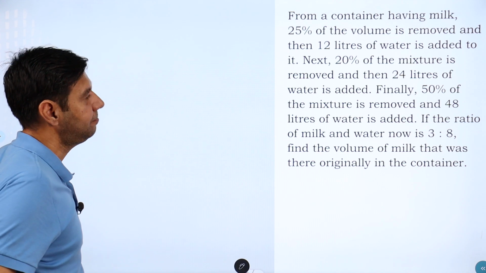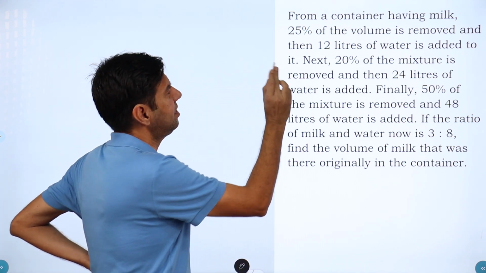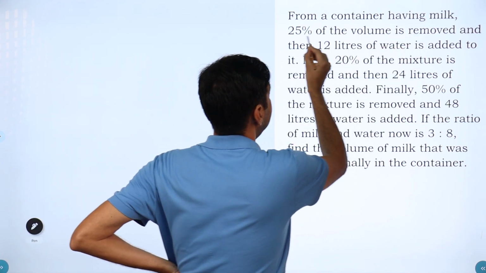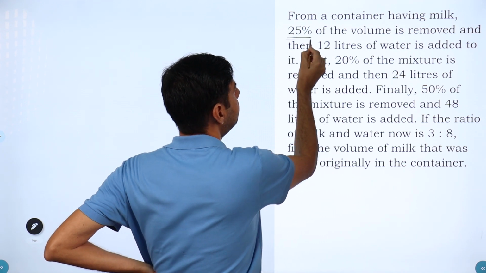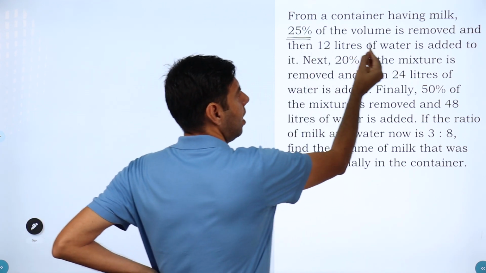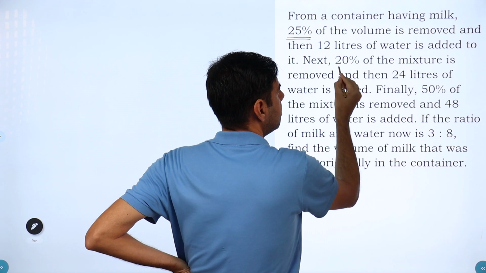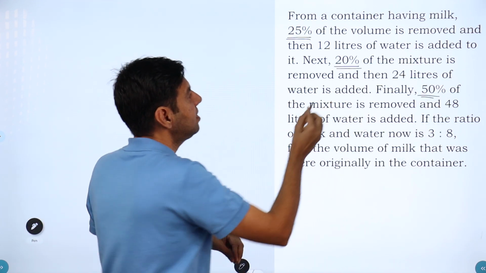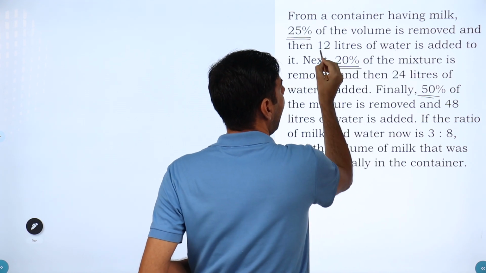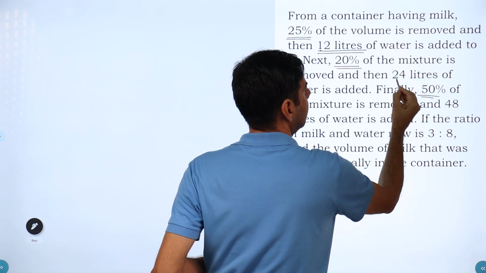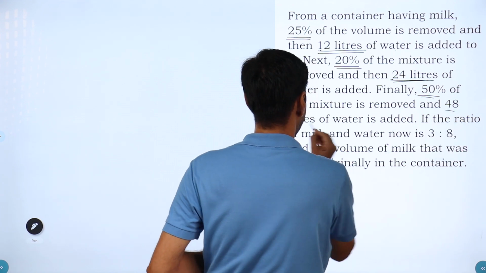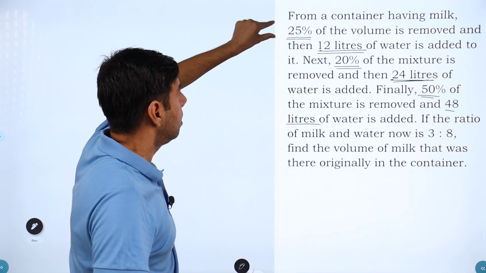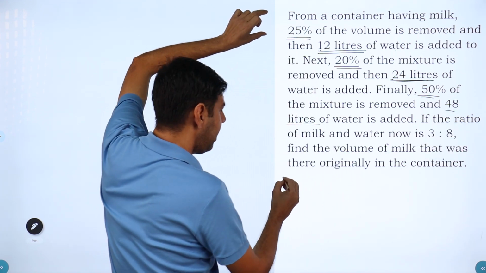So now back to the question. The uniqueness of this is that the volume removed is given in percentages. 25% is removed, 20% of this is removed, 50% is removed. Whereas the volume added, the water added, is given in absolute terms, 24 liters and 48 liters, right? So the percentage is very easy to handle.